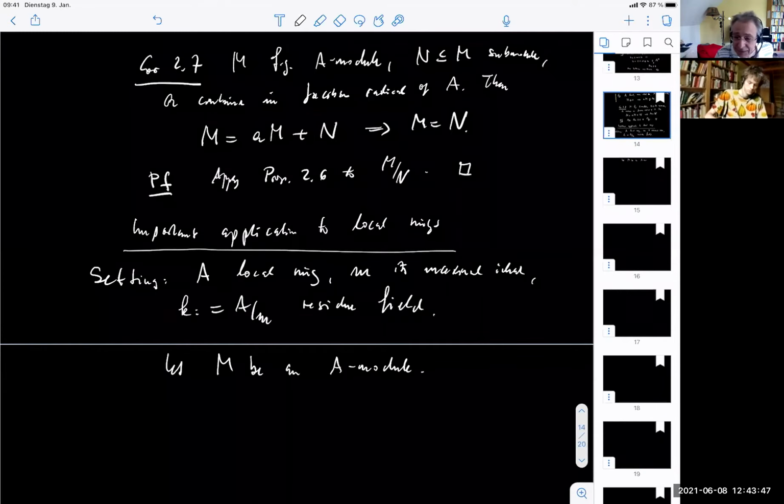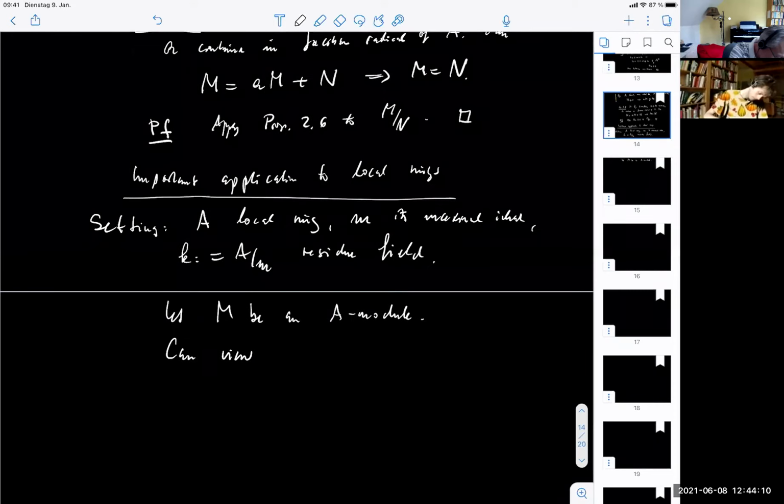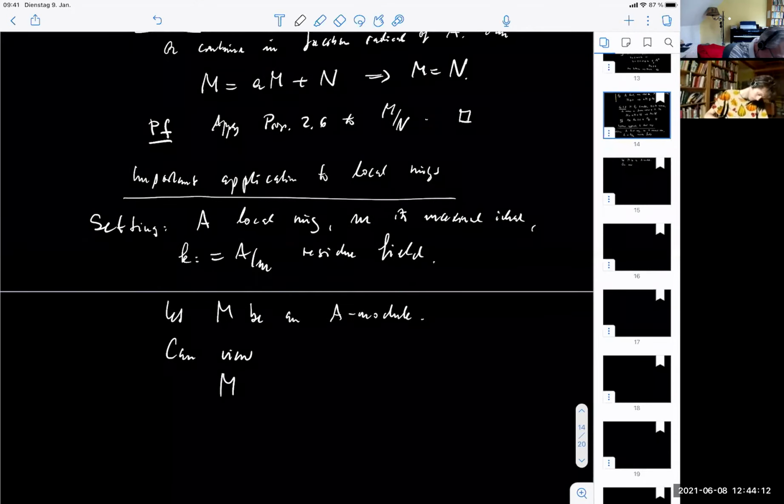The idea is I want to apply what I know about vector spaces. So I would like to replace this module by something related to it which is a vector space. So I look at the following factor module. I have M, and then in M I have this submodule MM. This is a submodule, and I take the factor module.